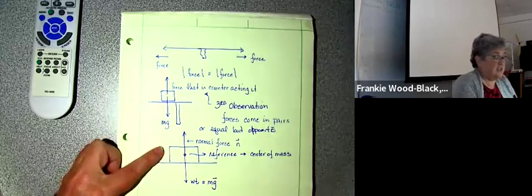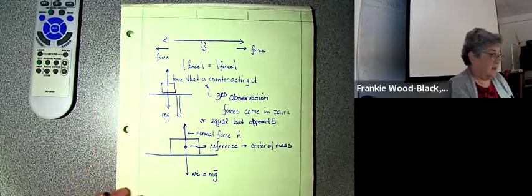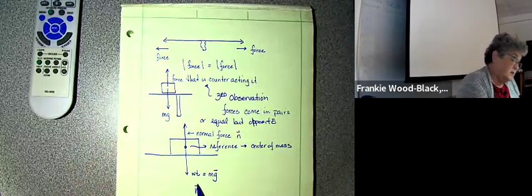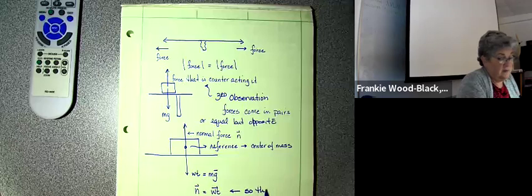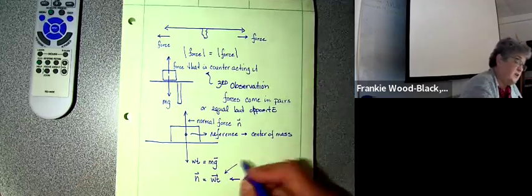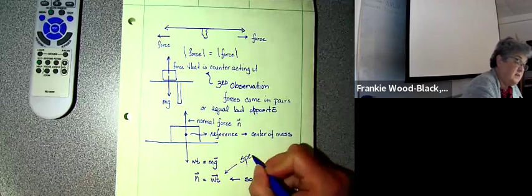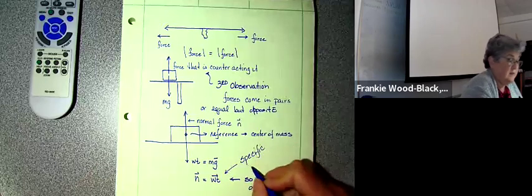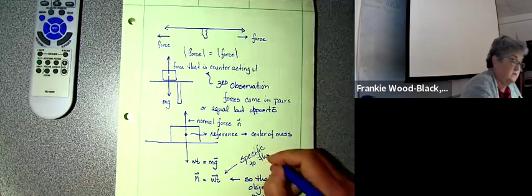But our third observation says we can calculate that, just like we can calculate this, that the normal force has got to equal the weight so that the object doesn't move. And I'm going to say this is specific to this situation, just to remind us, because we're going to see some things in a second.